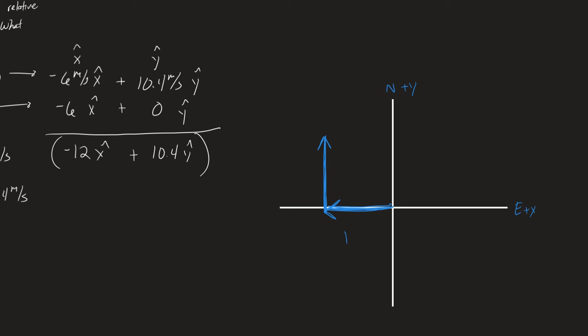My vector said to go 12 in the x direction and then 10.4 in the y direction. So I'm doing just what it says, in order of what it says. That means that my actual velocity is the sum of those two, which is that angle. This is going to give me the angle the boat's actually traveling.